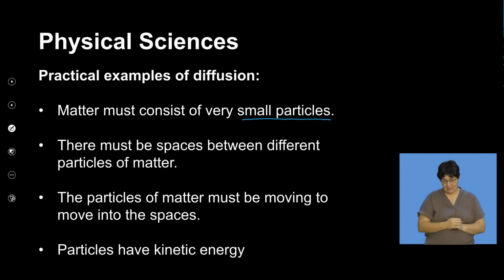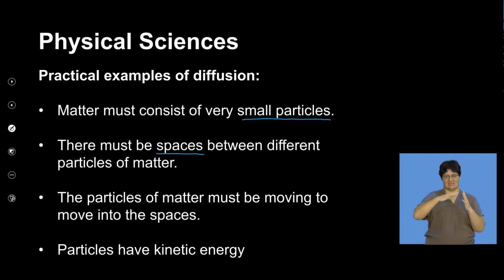For particles to move from a region of higher concentration to a region of lower concentration, we are saying that there must be spaces through which these minute particles actually move, okay? Otherwise, the movement or change of position of particles making up a substance will not be possible. So it means there must be spaces, right?